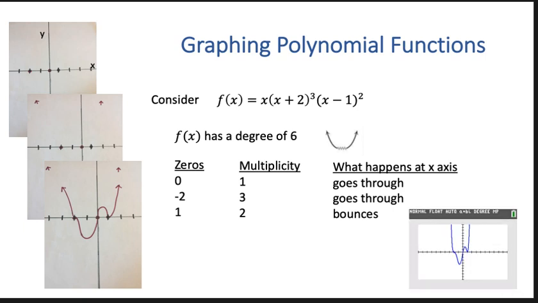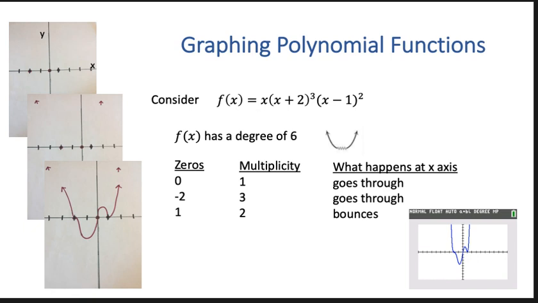And here's what the actual graph of the function looks like. Please pay attention. It goes through the x-axis at -2, through at 0, and bounces at the x-intercept at 1. It has that general U shape because the lead coefficient is positive. It's a U-ish shape that's facing up.